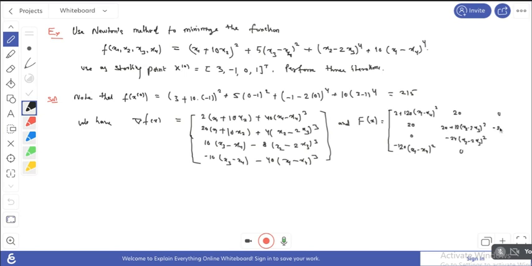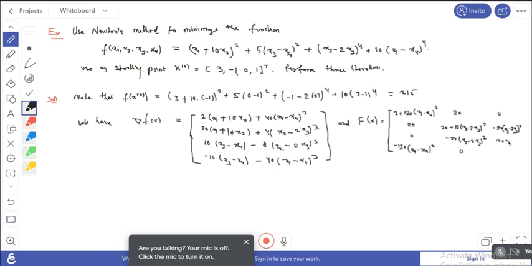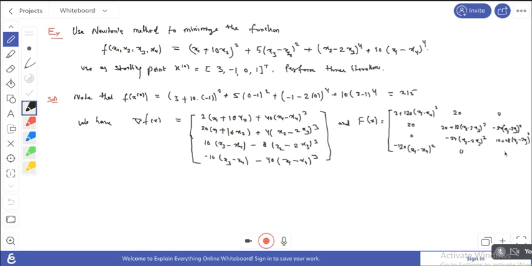This is minus 24 (x2 minus 2x3) square, and this is 10 plus 48 (x2 minus 2x3) square, and this one is 0 or 10. So now you have found the Hessian matrix. This is your Hessian matrix.